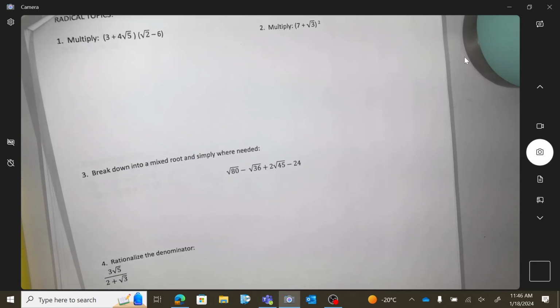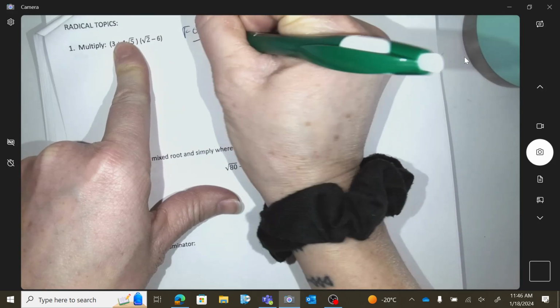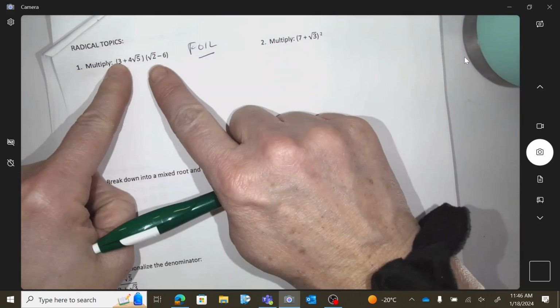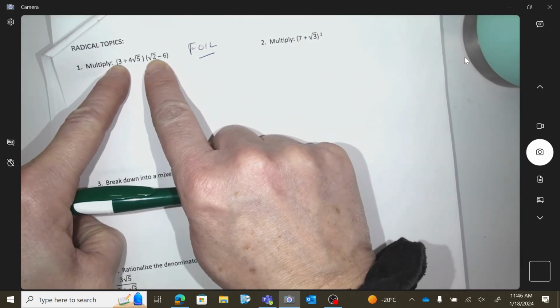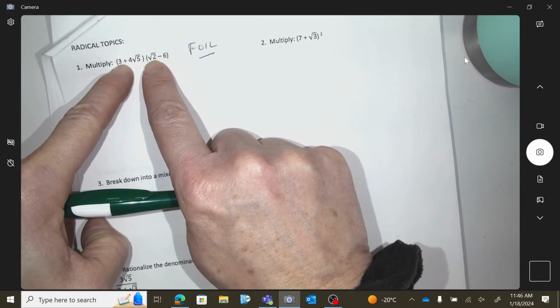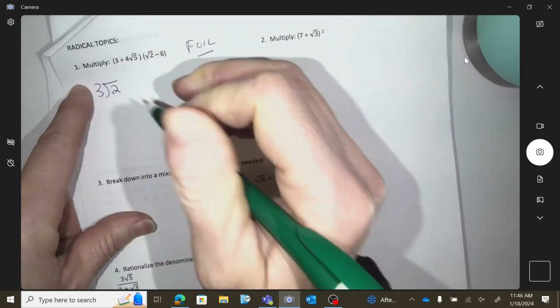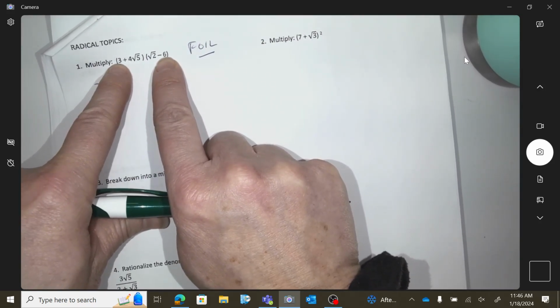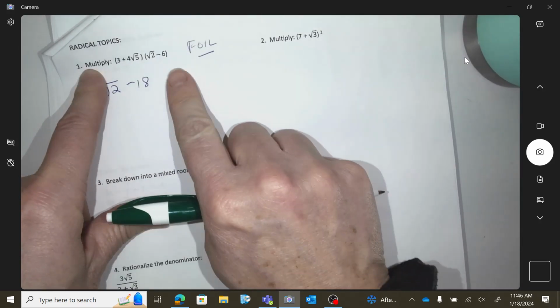Okay, so multiplying radicals. This is a binomial, this is a binomial, so you need to do a FOIL. Remember whole numbers and radicals, separating them. So this one would be 3 root 2. Outsides, 3 times negative 6, negative 18.